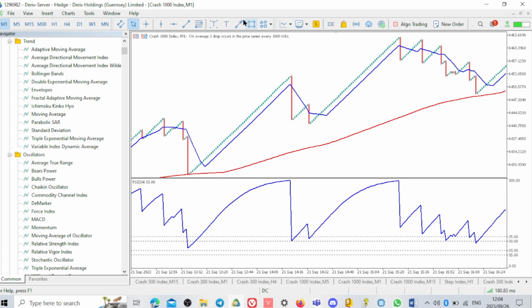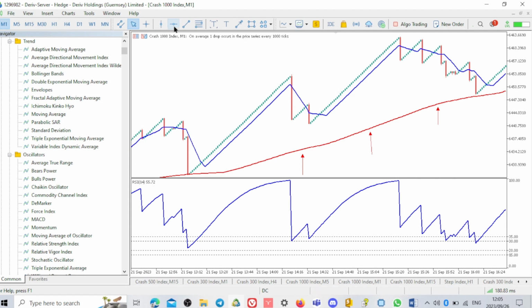We are buying when the price is above this red line, which is the best time where you can buy in Crash.